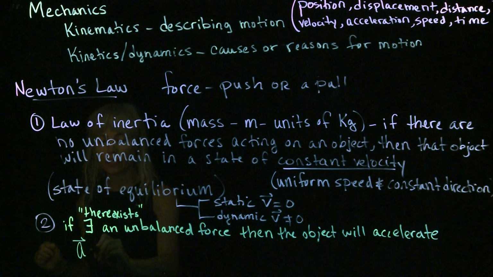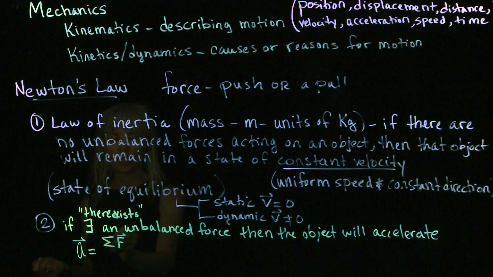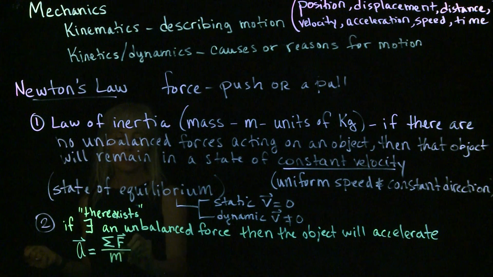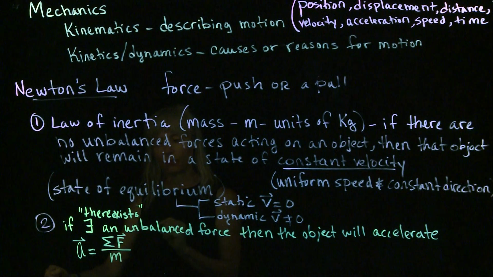So acceleration is going to be equal to the sum of all of the forces that are acting, and this sigma sign comes from the math language, and from the Greek language, and it just means sum of, add all the forces together, divided by the object's mass. Remember, the symbol m is the symbol we use for mass.